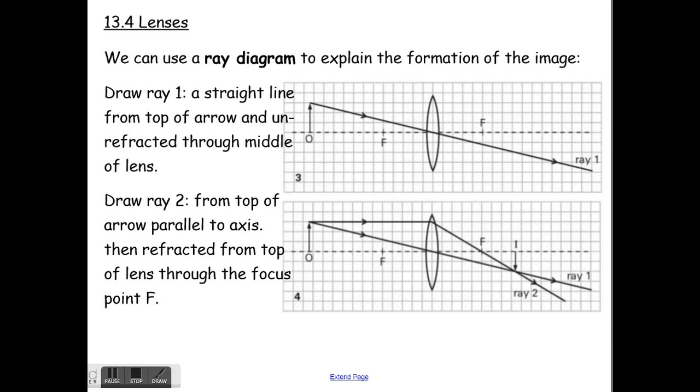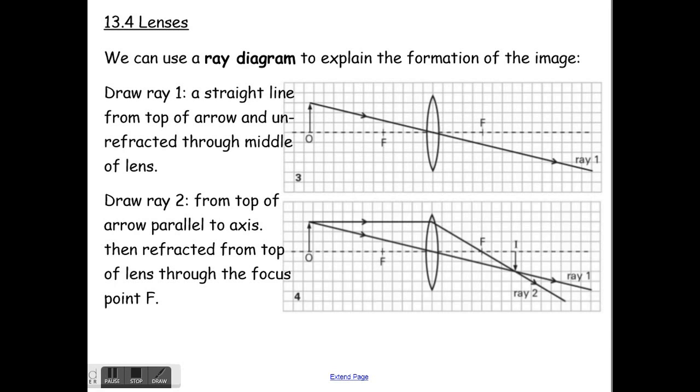The second one goes parallel to the horizontal across to the top of our lens and through the focal point. Wherever we put the focus point, it will go through that point. And where these two meet, that will be where your new image would show up. So this would be our new image.